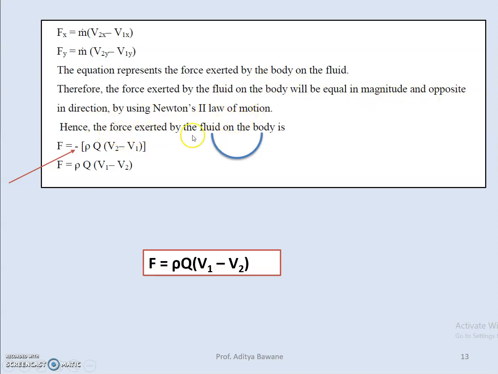So the force exerted by the fluid on the body is opposite in direction, minus rho Q or m dot (v2 minus v1). So the negative sign goes inside: force equals rho Q (v1 minus v2). This is the main thing: force equals rho Q (v1 minus v2).